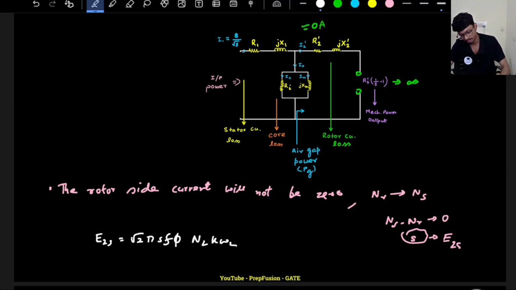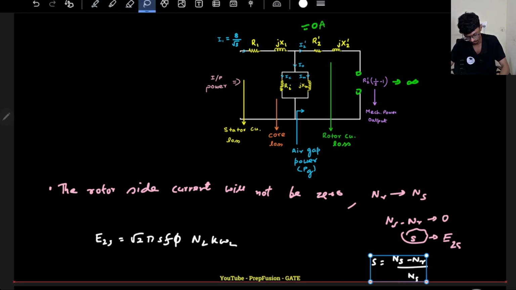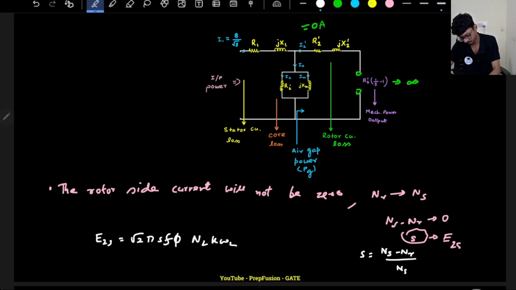Then I know what slip is. Slip equals NS minus NR divided by NS, so this will be tending towards 0. So this induced EMF will be very low.